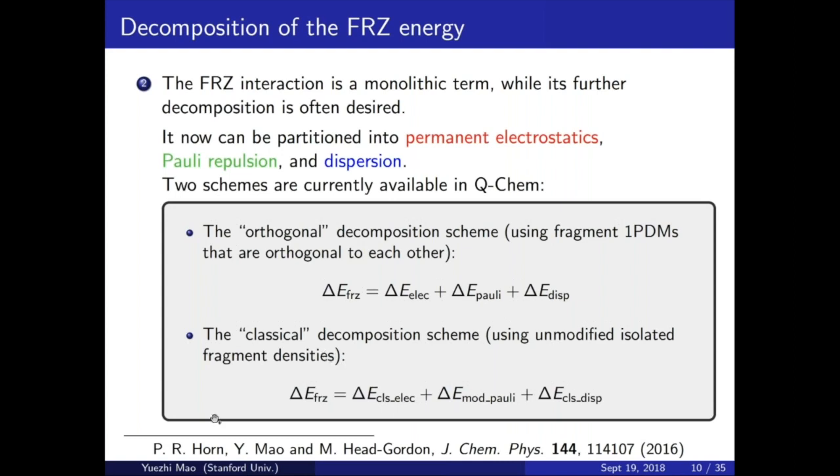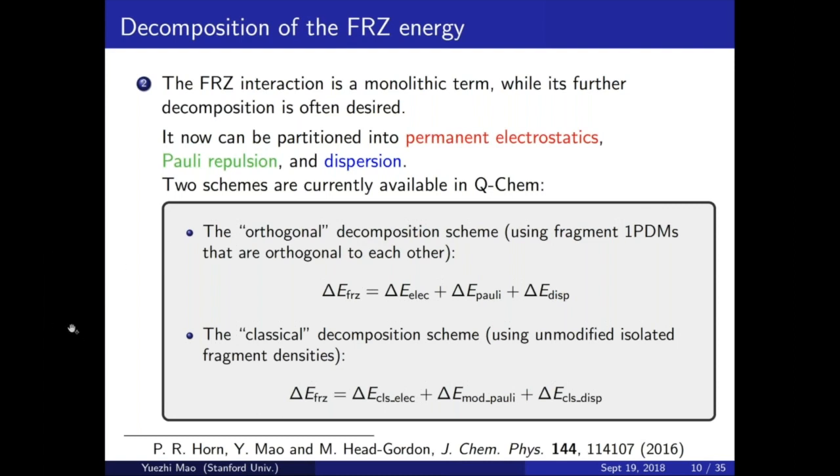And the first way is called the orthogonal decomposition scheme. And the most important feature is all the energies are evaluated at quantum mechanically valid states. So things are properly anti-symmetrized. And the fragment density matrices are orthogonal to each other.